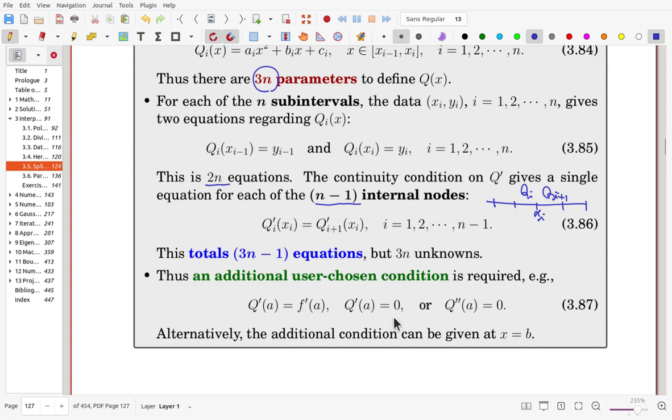But if you don't know, you may put this as 0, or the second derivative can be given. Any kind of one additional condition must be given to decide these 3n parameters. Either at the left end point or the right end point at b, you can give an additional condition. Either way, somehow you have to give one additional condition.